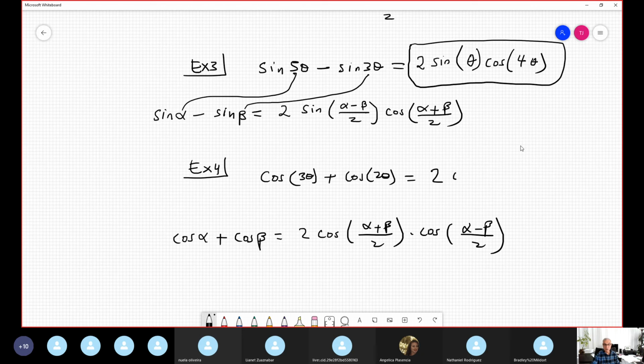So 2 times cosine, and you find the addition: 3 plus 2 is 5, divided by 2 is 5 theta over 2. Multiplication by cosine. Cosine what? Subtraction: 3 minus 2 is 1, divided by 2 is theta over 2. End of the story. That's it.